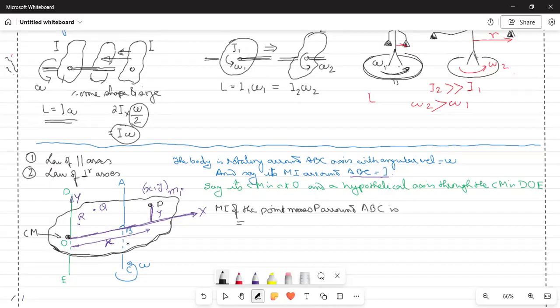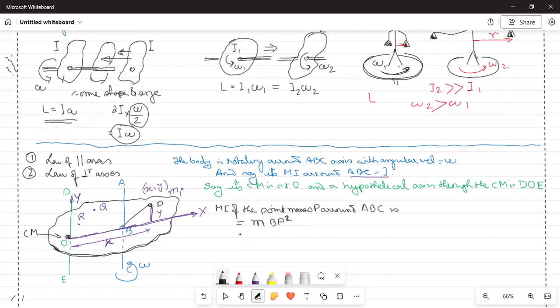We know it is mass multiplied by this distance, the perpendicular distance. This is m BP square. Is it clear to you or not? It should be clear, because the moment of inertia of a point is the mass of the point multiplied by its perpendicular distance from the axis of rotation, m BP square.